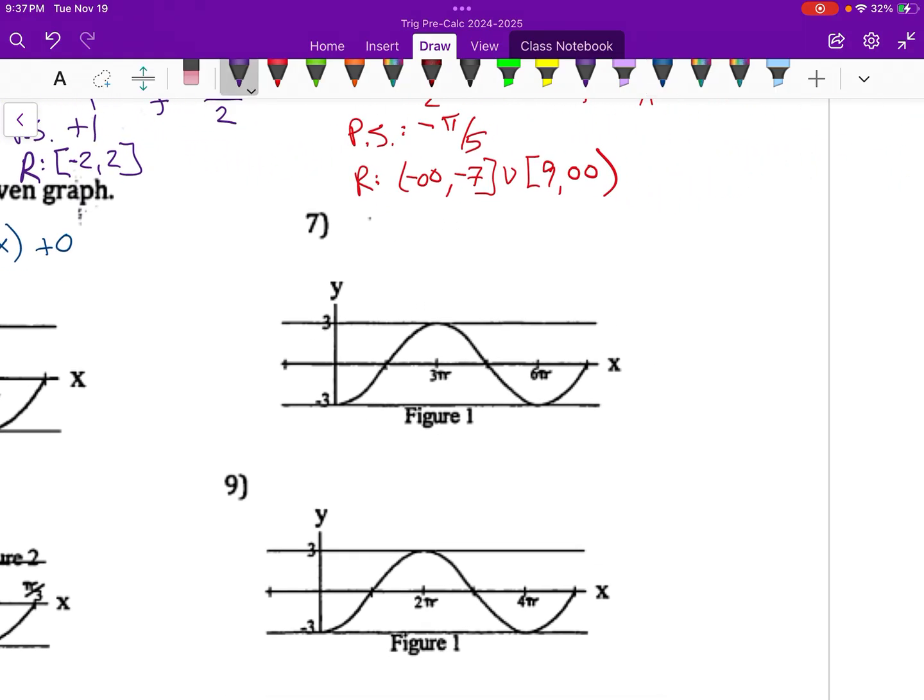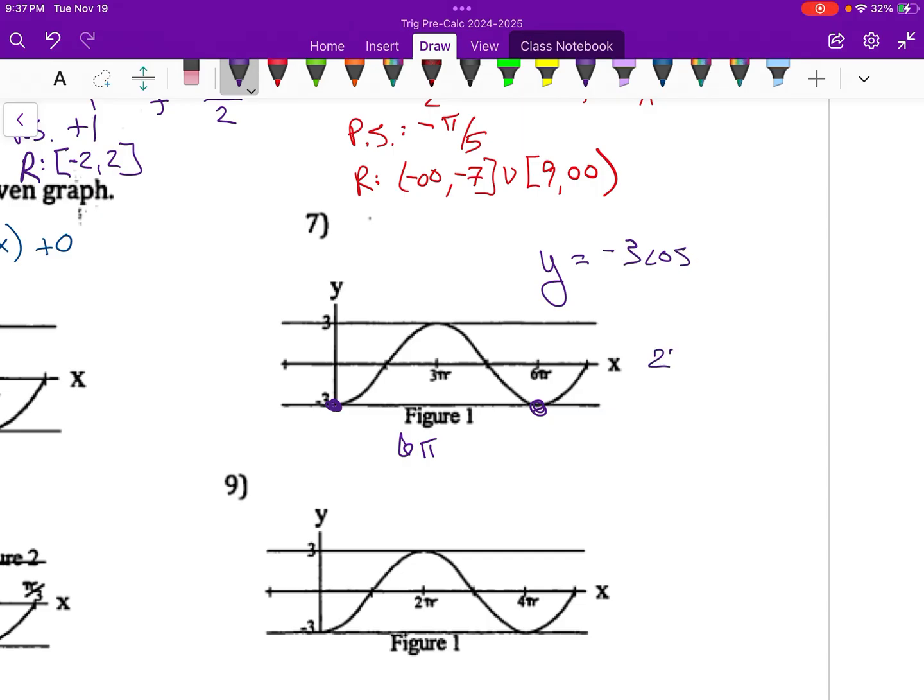Okay, now we'll do that same concept again here. We're going to first look right at the actual length of the period, which is 6 pi. So that's going to be something we got to pay attention to when we get our B value. Again, starting low, ending low, an inverse negative cosine with an amplitude of 3.